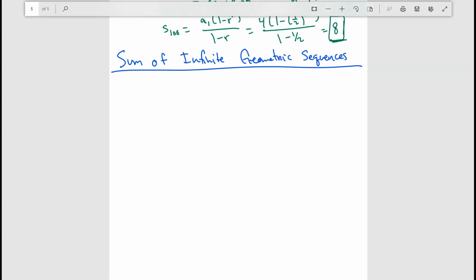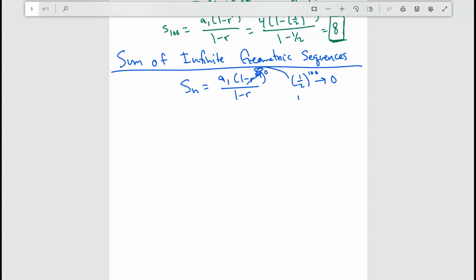Well, we know that S of n equals a1, 1 minus r to the n, divided by 1 minus r. Now, as n gets larger and larger, say I put in 1/2 to the 100th power, that corresponds to this term. This thing starts getting closer and closer to 0. So this term is negligible. I don't really care about this term. It's just 0.